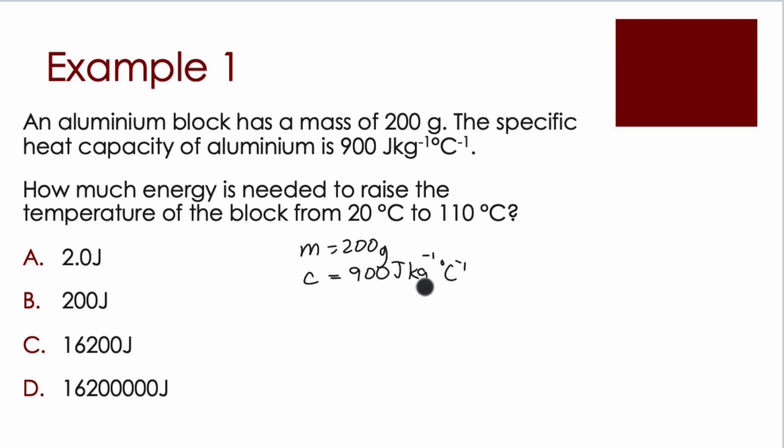So since this says kilogram, that means I need to put my mass into kilograms. It's a lot easier to do that, to change the simple mass, than it is to change the specific heat capacity. The change in temperature is going to be 110 minus 20, giving me 90.